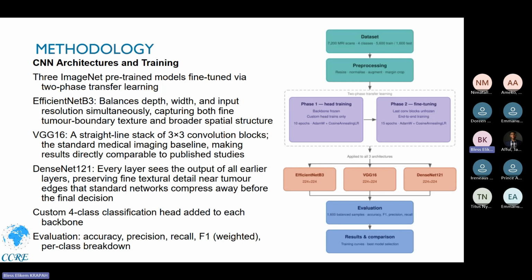Along the way, we had to add focal loss to the DenseNet to cover for misclassification between the 2 main classes, glioma and meningioma. And then we added a custom 4-class classification head to the backbone of each model, since we're starting with a pre-trained ImageNet model.